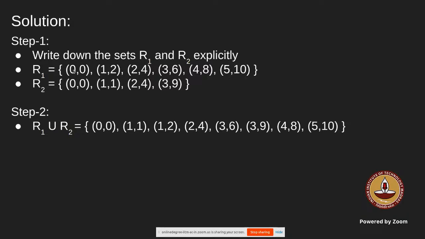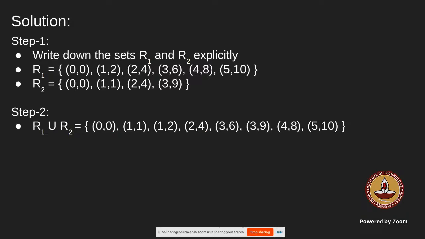If we start from 0, 2 into 0 is 0, 2 into 1 is 2, 2 into 2 is 4, 3 into 2 is 6, 4 into 2 is 8, 5 into 2 is 10. Then if we take 6, 6 into 2 is 12, but it is greater than 10, so we will not include that. That was in our condition.